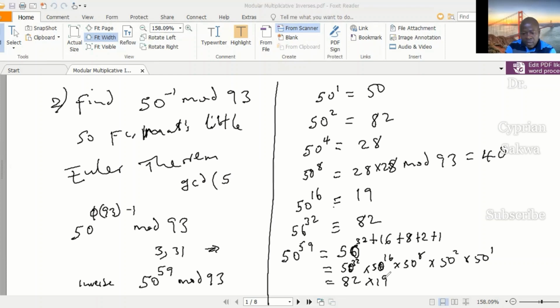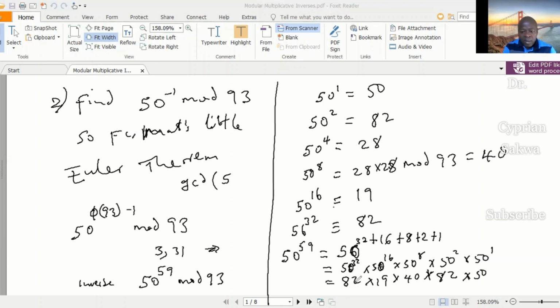And this other one raised to 8 is 40. Raised to 2 is 82, and raised to 1 is 50.